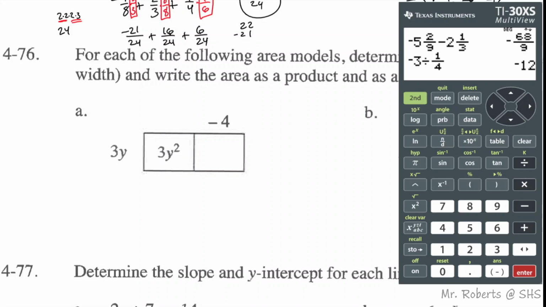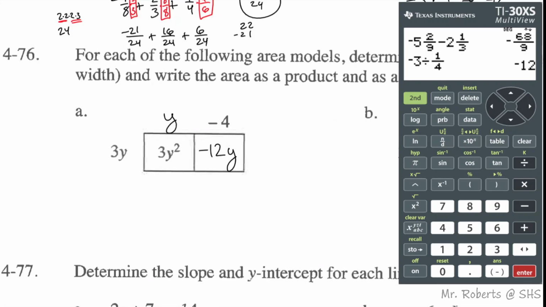Okay, so let's look at this. If I've got 3y and I'm multiplying that by something to get 3y squared, I know what I had to multiply by was a y. So 3y times y is 3y squared. And then if I'm multiplying negative 4 times 3y, that's going to give me a negative 12y.